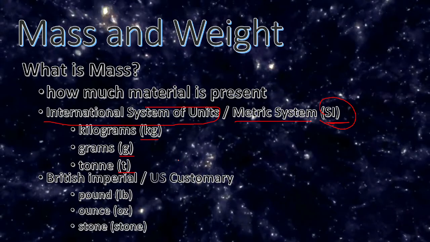On the other hand, we have British Imperial or US customary. From the name itself, US, the ones using this unit system are the Americans, the United States of America. So instead of kilograms, they use pounds.